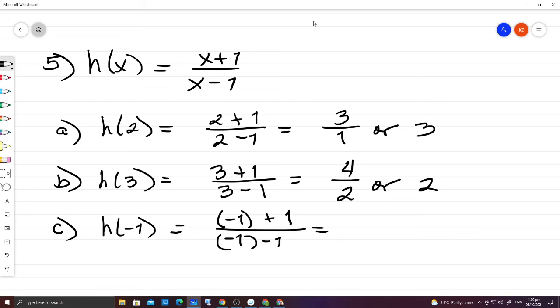Use your calculator. Negative 1 plus 1 is 0. Okay, 0 over negative 2, or 0. Okay.